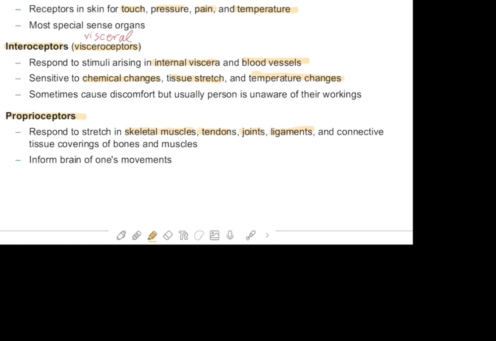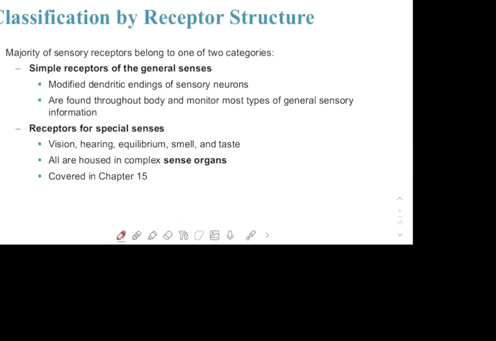So kind of think of them as sending information about joint activity. So if it's information coming from the knee joint, it sends information from those tendons, muscles, ligaments, everything in that area, which tells the brain whether that knee is contracted or it's relaxed.